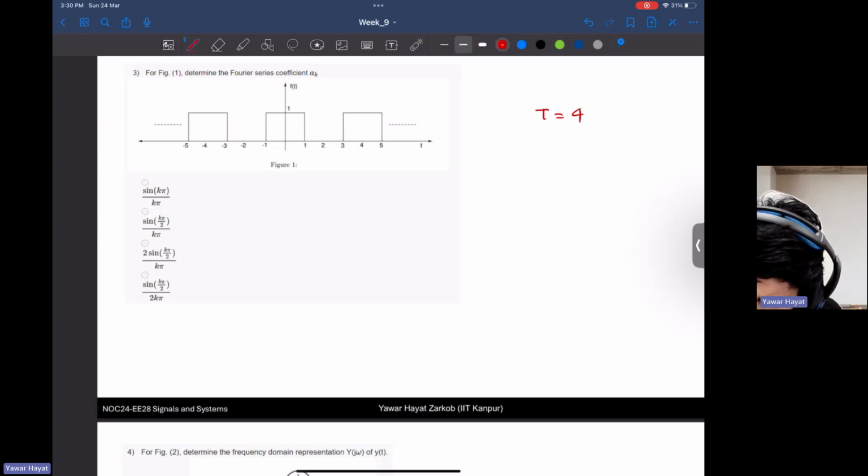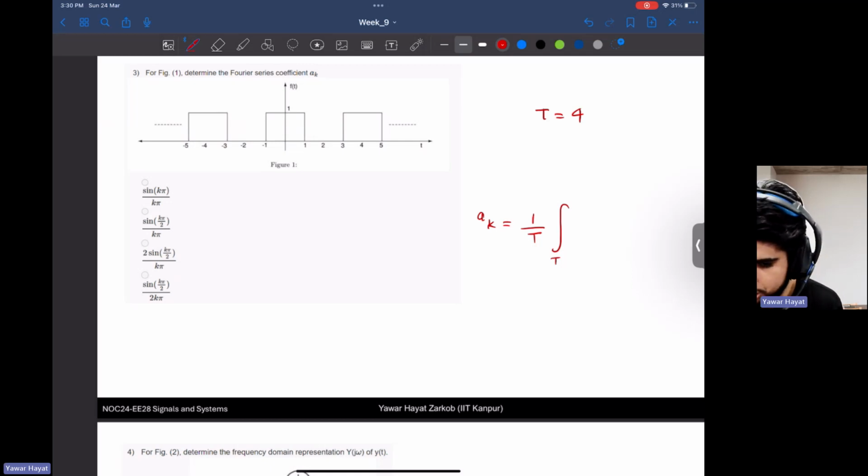And in that representation, what is this Fourier series coefficient AK? We saw that this AK would be equal to 1 over T, integrate over period T. This interval could be any continuous interval, provided the length of that interval is equal to the time period.